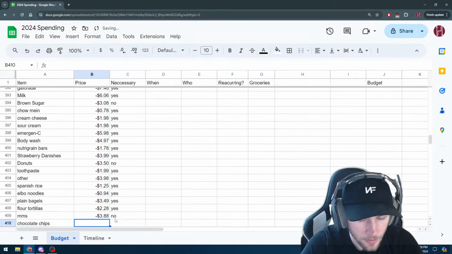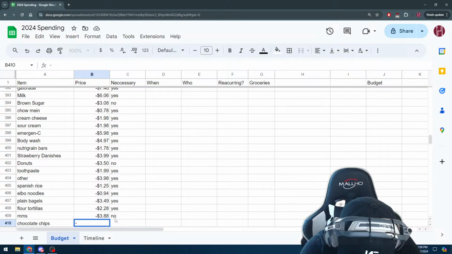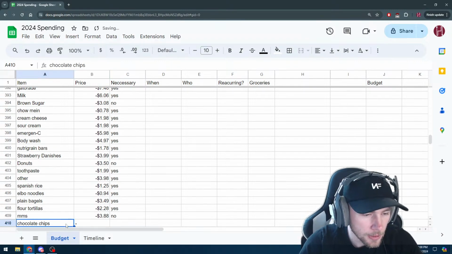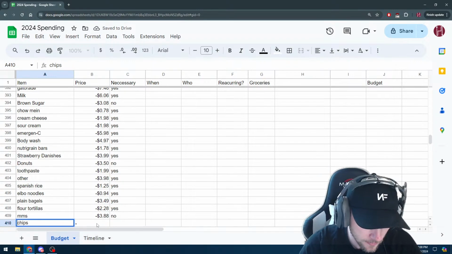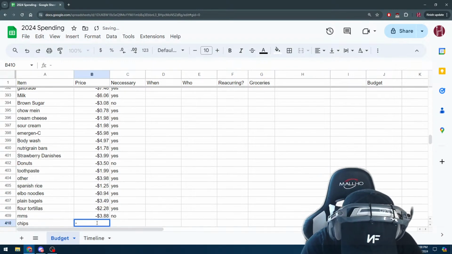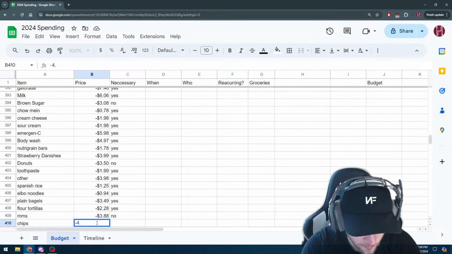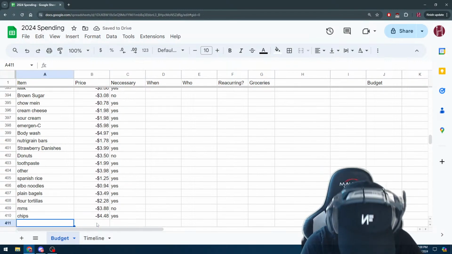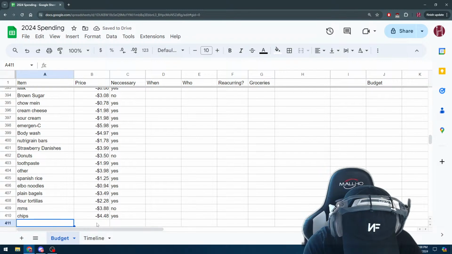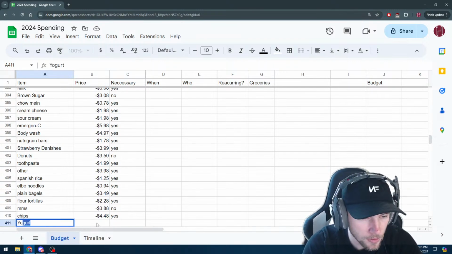Chocolate chips. You know, these might not be chocolate chips. Might just be chips. We're just gonna say chips, 448. Necessary, of course. And then we're looking at a bunch of yogurts.